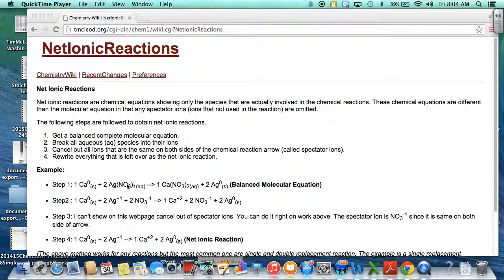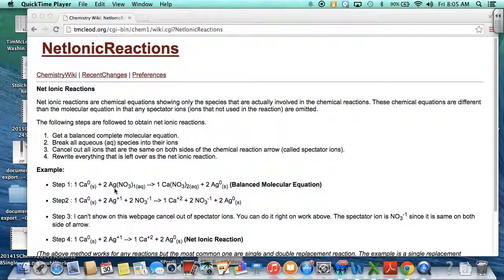So it's silver 1 plus and nitrate 1 minus. Since there is only one silver ion in the compound, but there's two of them, it's 2Ag1 plus. And again, you want 2NO3 1 minus. The calcium nitrate will break up, and you have 1Ca2 plus 2NO3 1 minus, plus the silver.